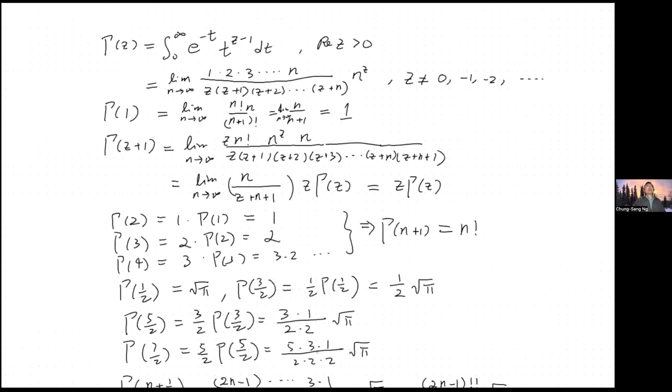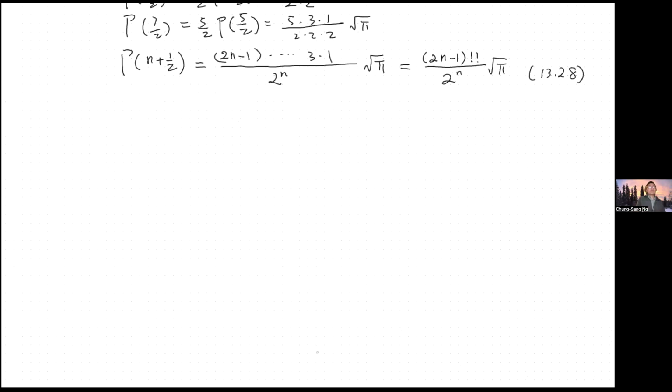There's not enough space in here. But anyway, keep writing. So using the infinite limit definition, maybe just copy it one more time because it's hard to go up and down.